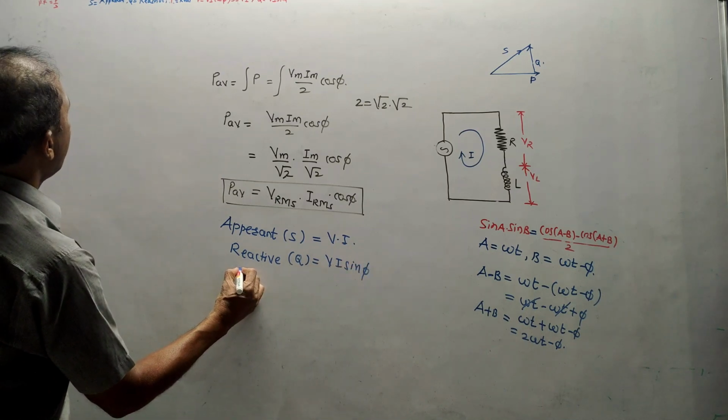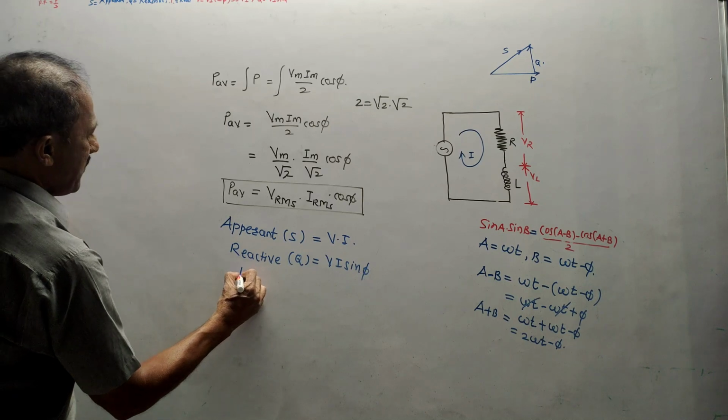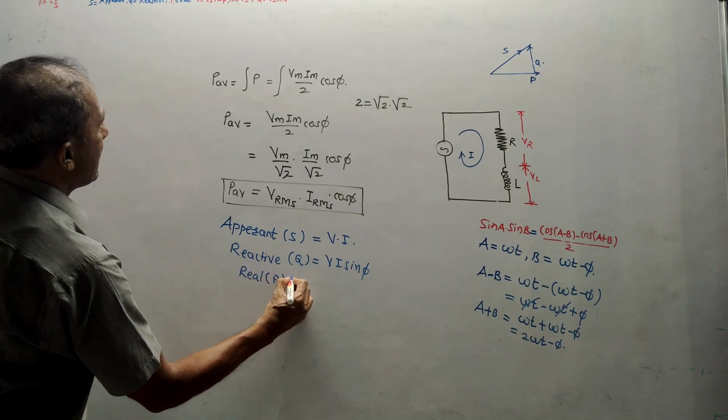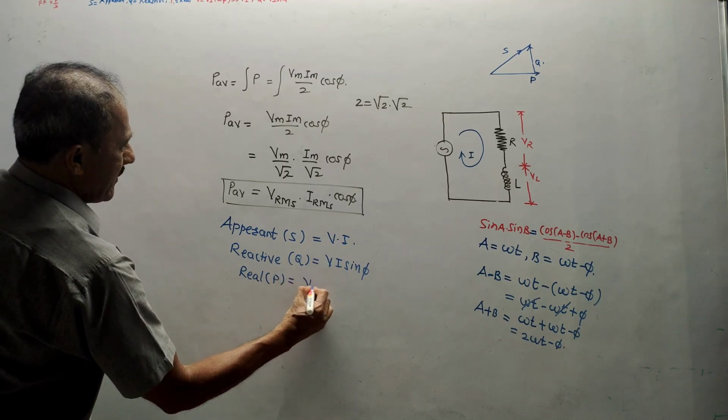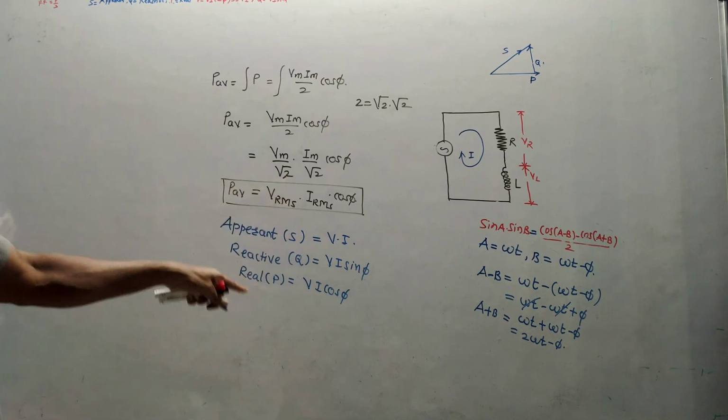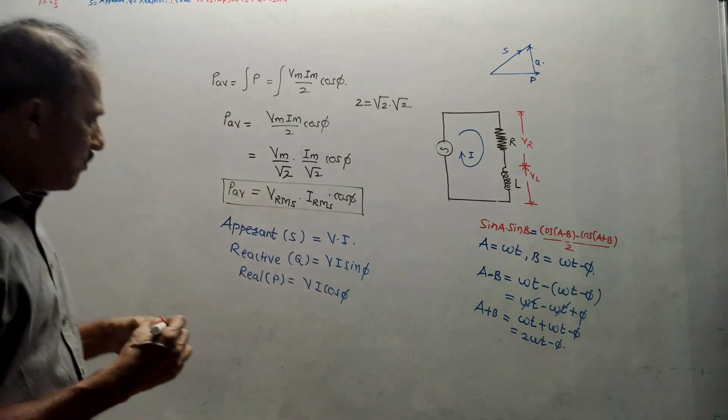Third type of power is real power or active power. It is denoted by P, and which is given by VI cos phi. These are the formulae for calculation of different types of powers.